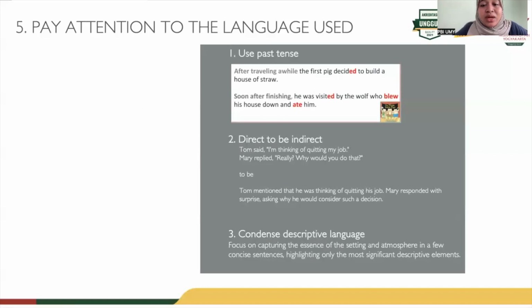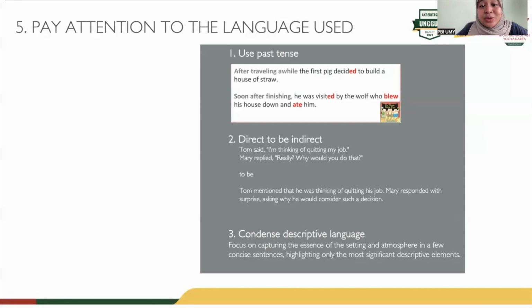And number two, direct and indirect speech. Yeah, in a story, you meet a dialogue or conversations between the characters, and it should be presented in a quotation mark, and change it into indirect.